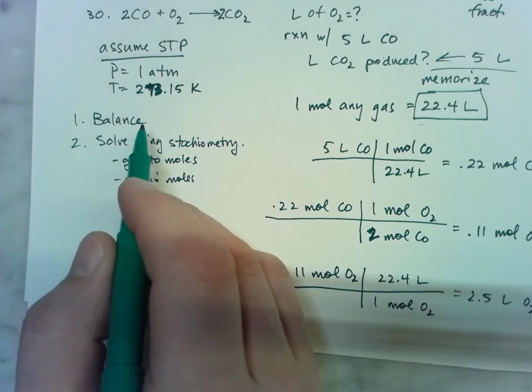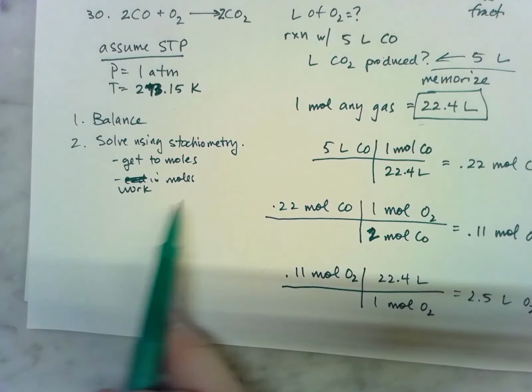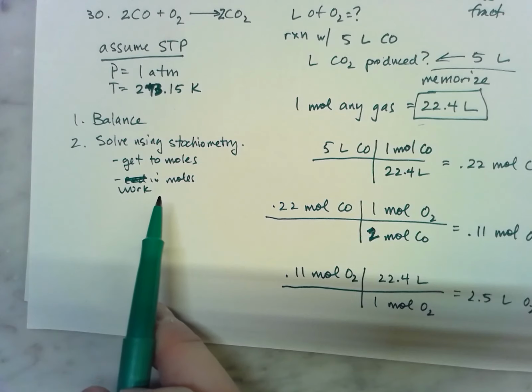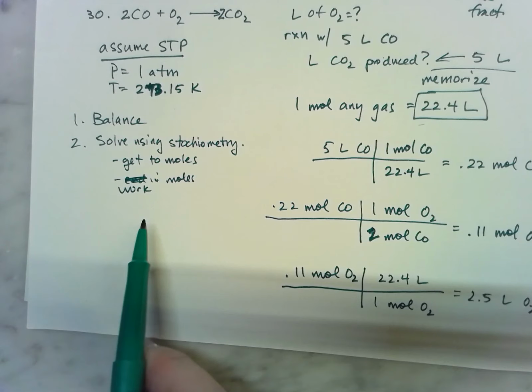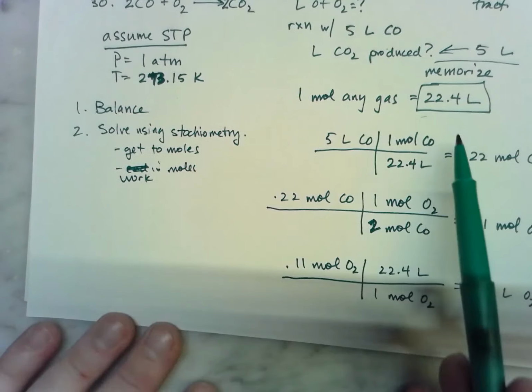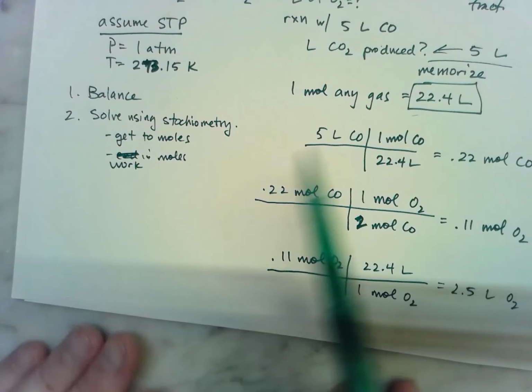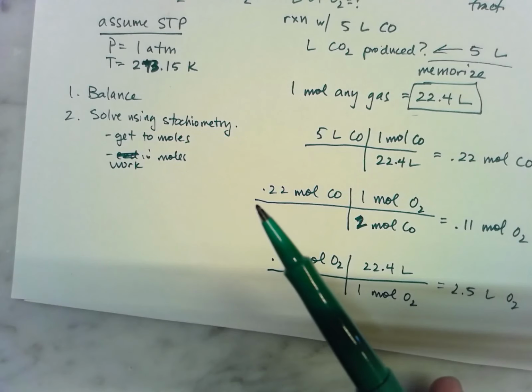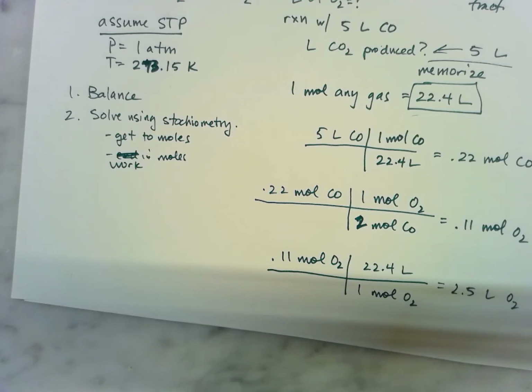And then you can get to moles and work that. And then you can get it into whatever you want. If they want a volume of it, that's fine. Or if they want the number of moles produced, also fine. If you want grams of it that's produced, no problem. Because once you get to moles, the moles to grams work just like anything else. Just like any other stoichiometry, just because it's a gas doesn't change that deal.